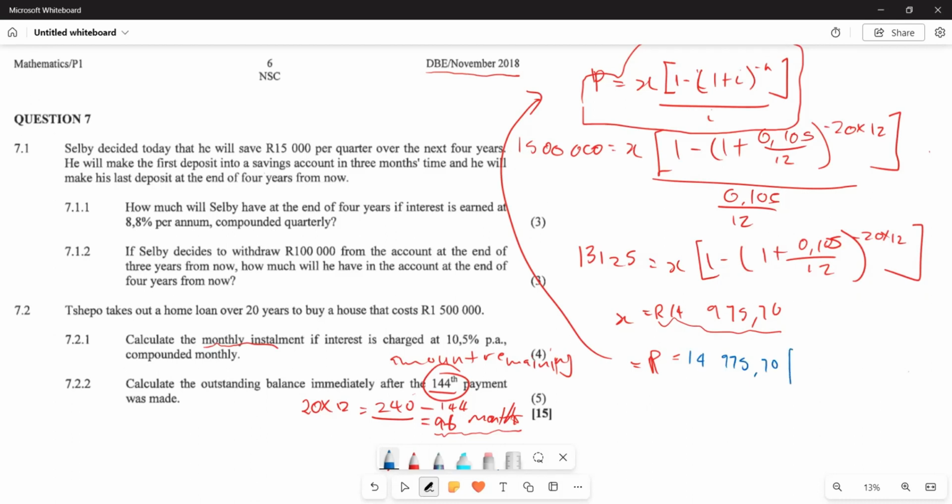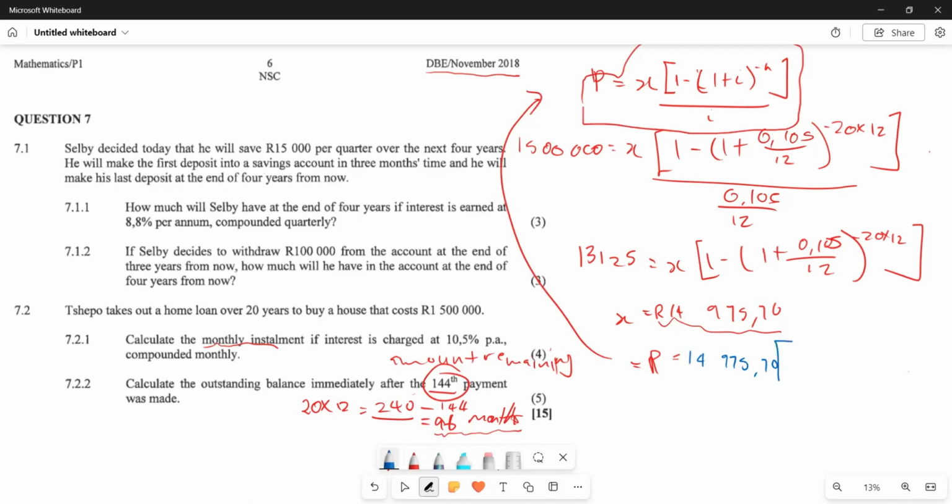14975.78 into what? Now, this is going to be 1 subtract your what? 1 subtract your, let's see, this is going to be 1 plus 0.105. Hey, what am I doing? Look, isn't it that we are using the present value formula? Look at me.